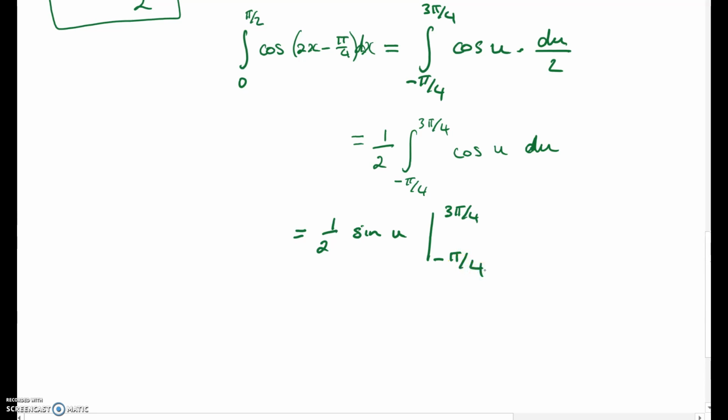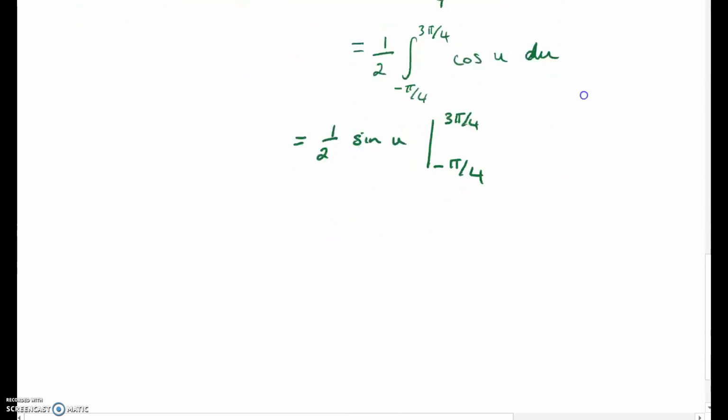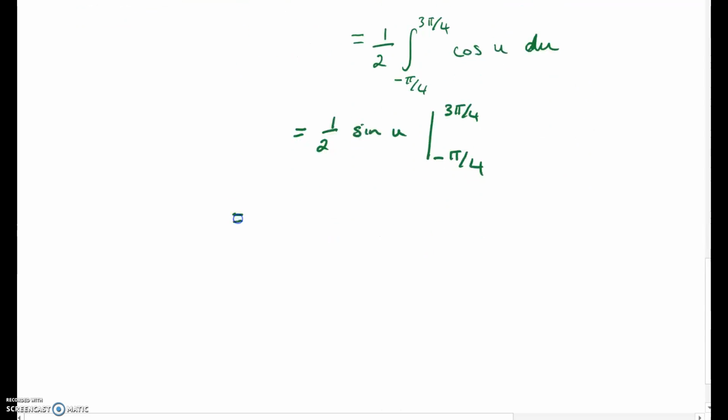Now, please remember, if you've changed the limits, you don't go and put your x back in again. We've changed the limits, we don't need to put our x back in. That's going to be 1/2 sine of 3 pi over 4 minus 1/2 sine of minus pi over 4.